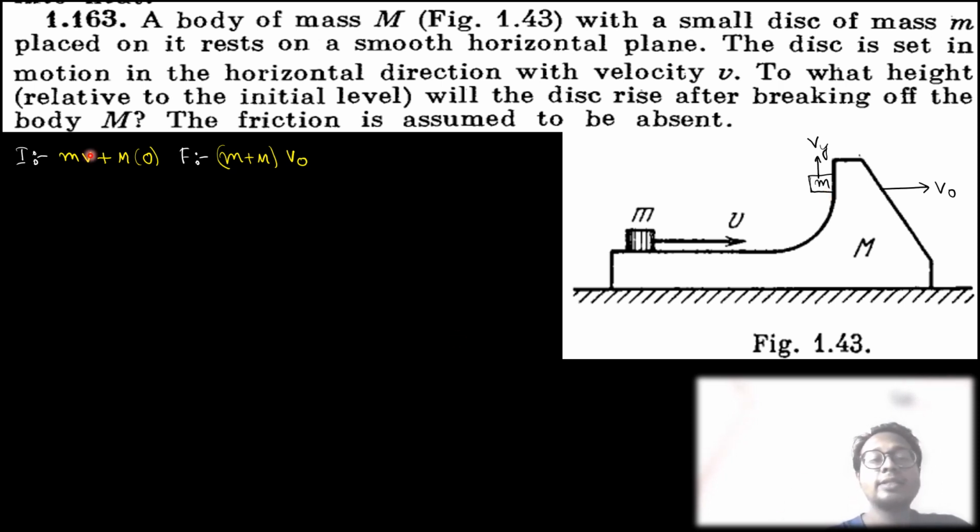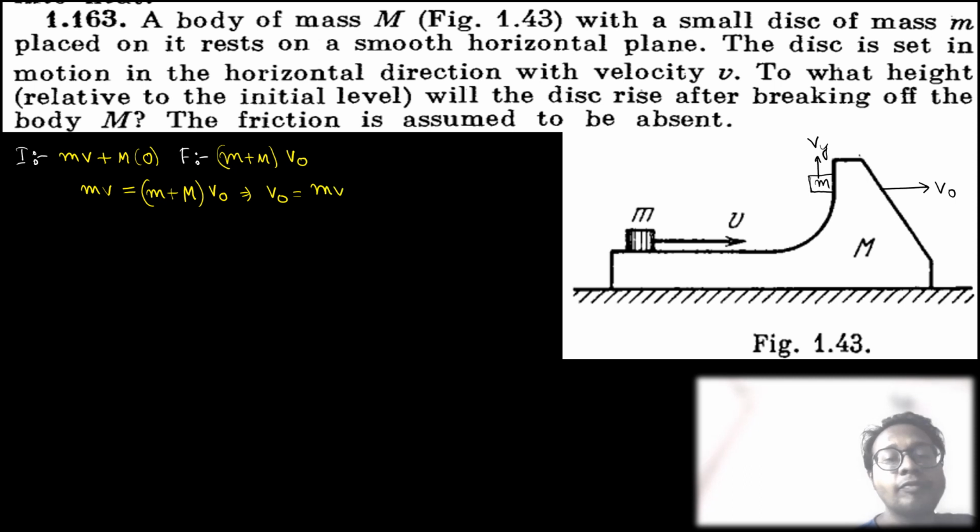If I apply conservation of momentum, initial momentum is equal to final momentum, so mv plus M into 0 is equal to (m plus M) into v naught, or the new velocity v naught is equal to mv by (m plus M).